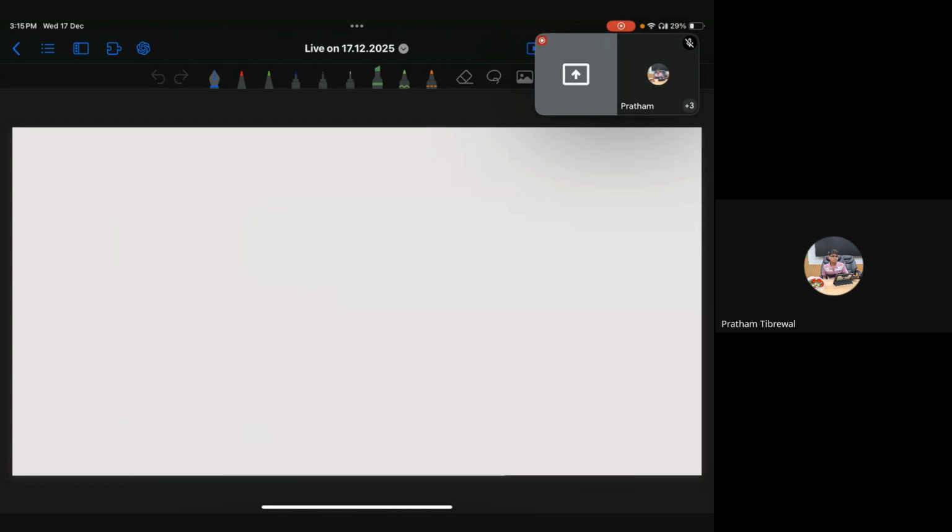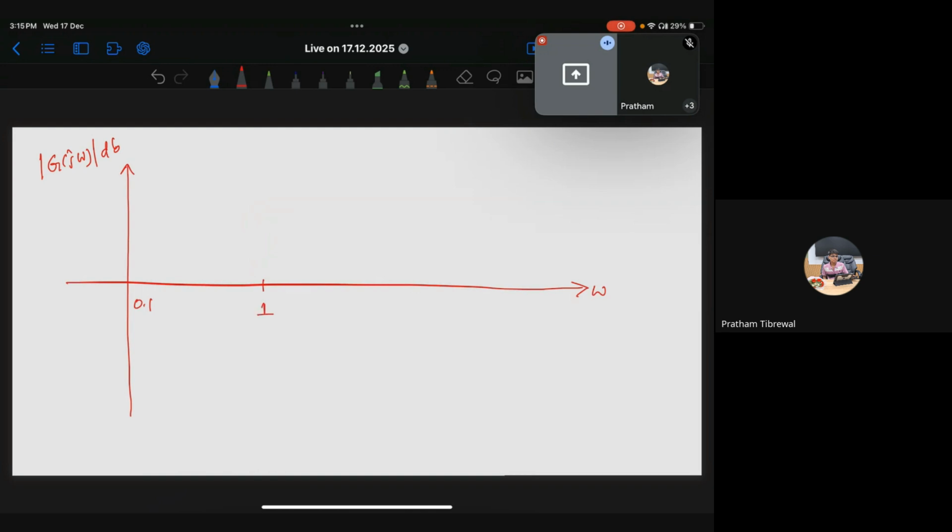You plot mod G of j omega in dB against omega, where this is 0.1, 1 and this is 2.